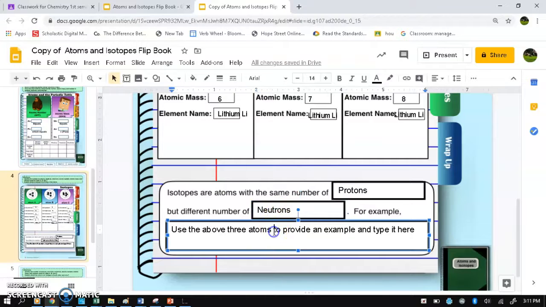For example, we have three types of lithiums up here. We have lithium, and when we start up next semester, I'll teach you guys that it's actually lithium 6, lithium 7, and lithium 8.